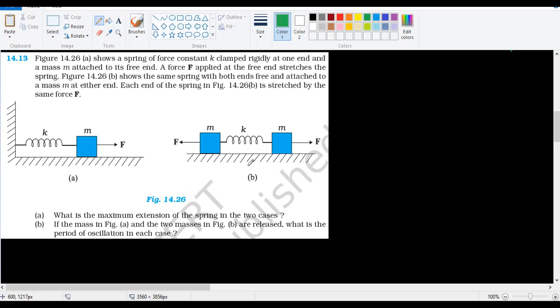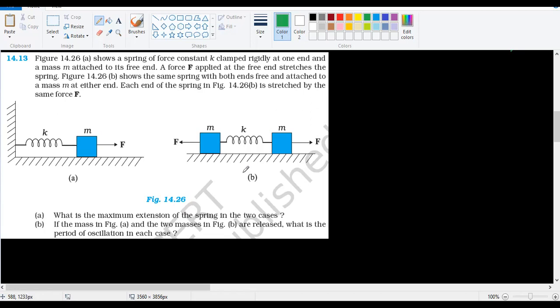Maximum extension of the spring in two cases. F is equal to kx, I know. So x is the extension. Any other information given for me?